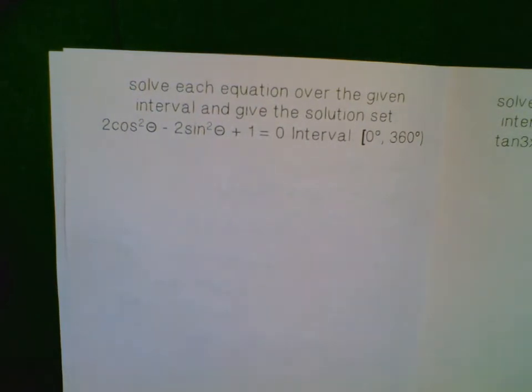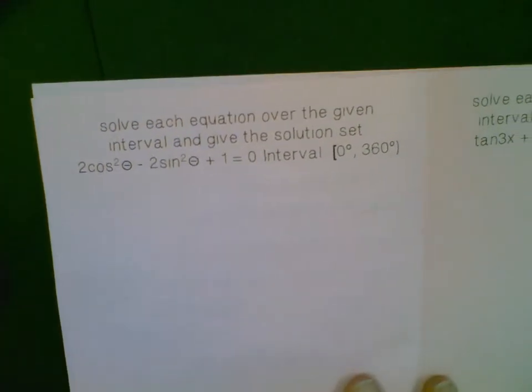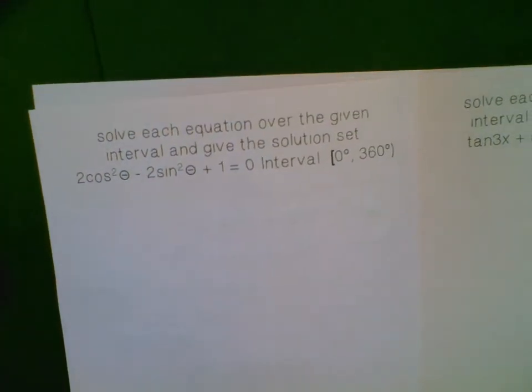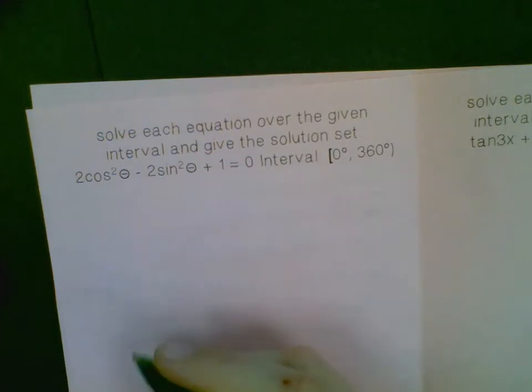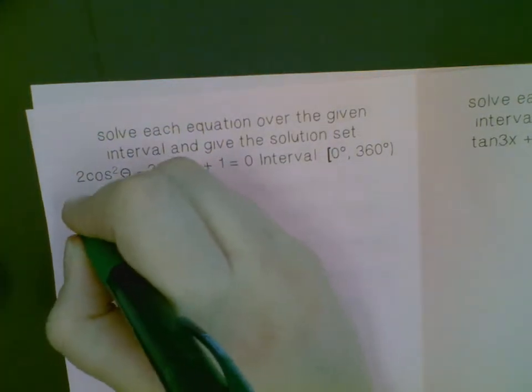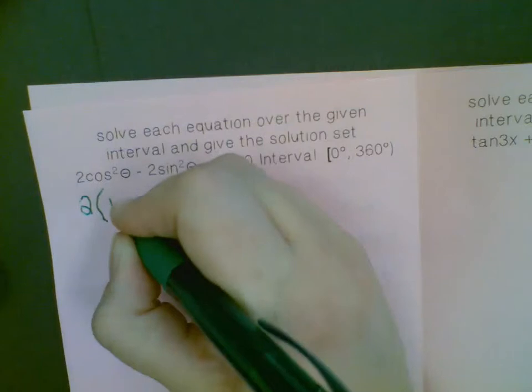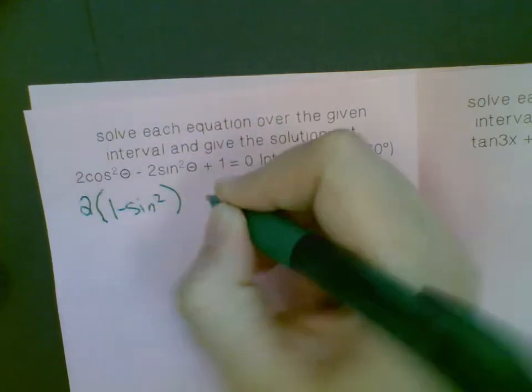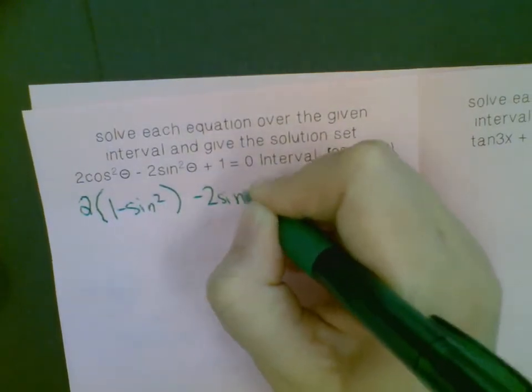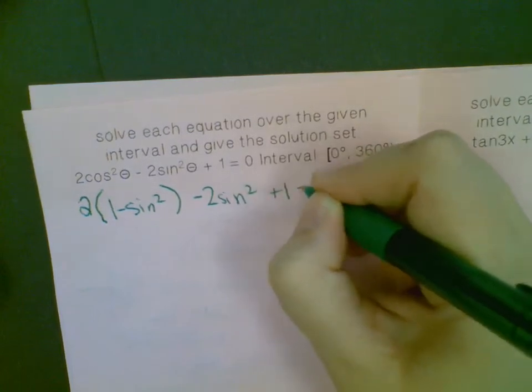So we can use our Pythagorean identity and change either the sines or the cosines, it doesn't matter. I'm going to change the cosines to the sines. So I know that cosine squared is equal to 1 minus sine squared. So I would have 2 times 1 minus sine squared minus 2 sine squared from what we had here plus 1 equals 0.